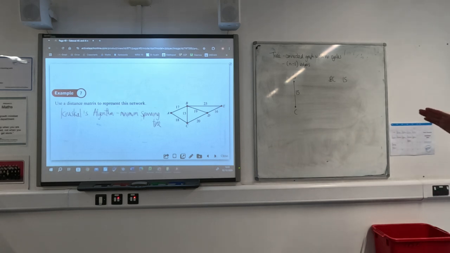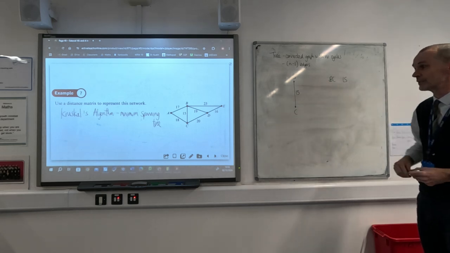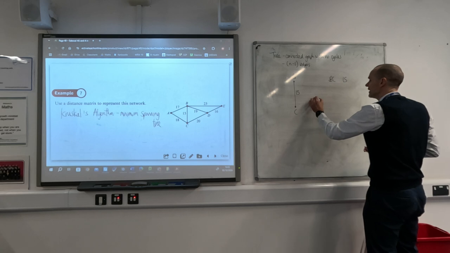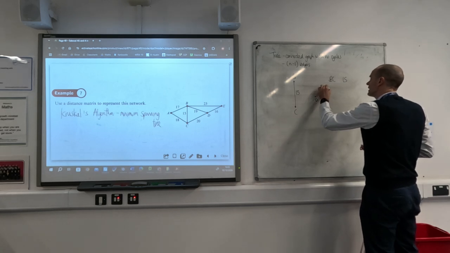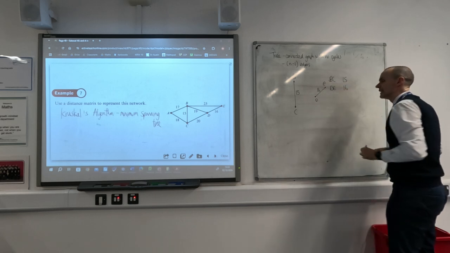As you build a network using Kruskal's algorithm, it's not necessarily connected. So my next choice, for example, will be D to E, which is here. So as you build it, it won't necessarily be connected.